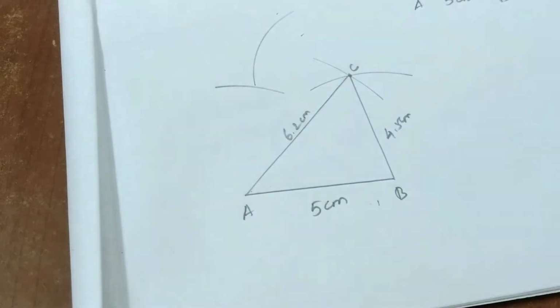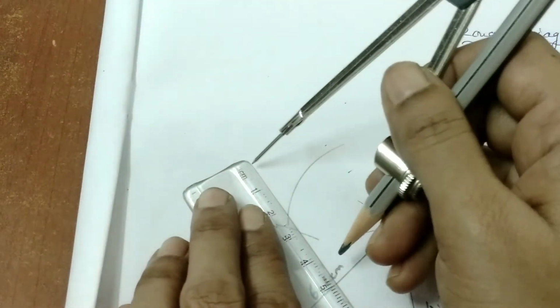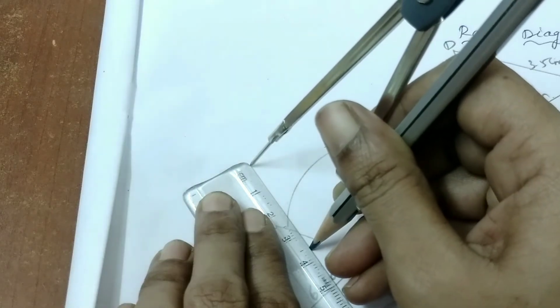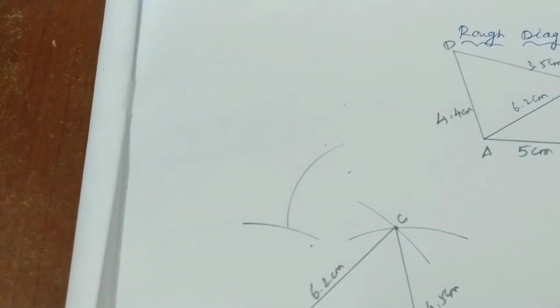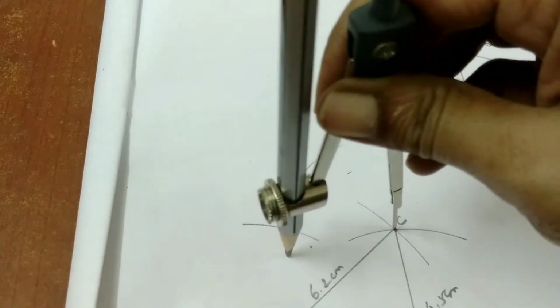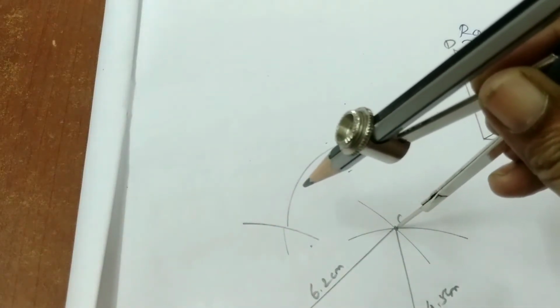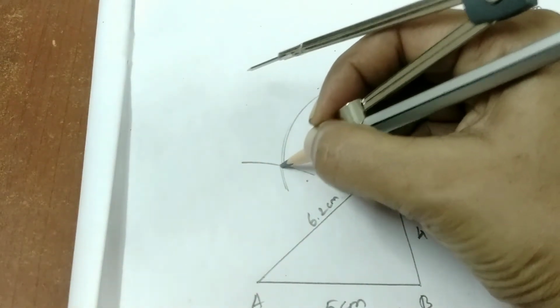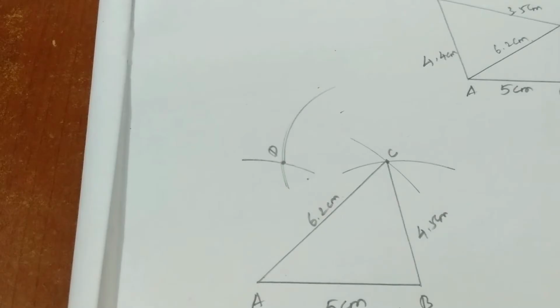Here this arc will not intersect, so just extend the previous arc, the 3.5 arc. That's all. This intersecting point is known as our D.